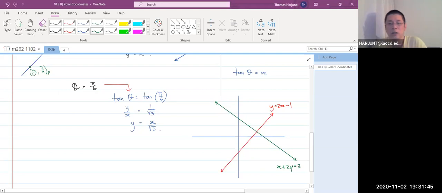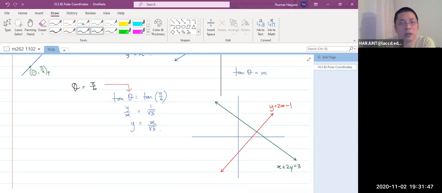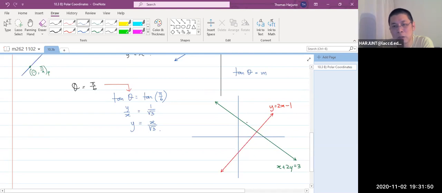And we are interested in finding the angle here. Let's call this angle theta. What is the angle between two lines?